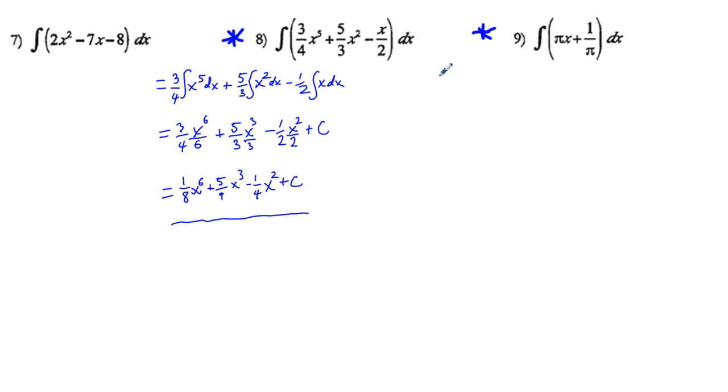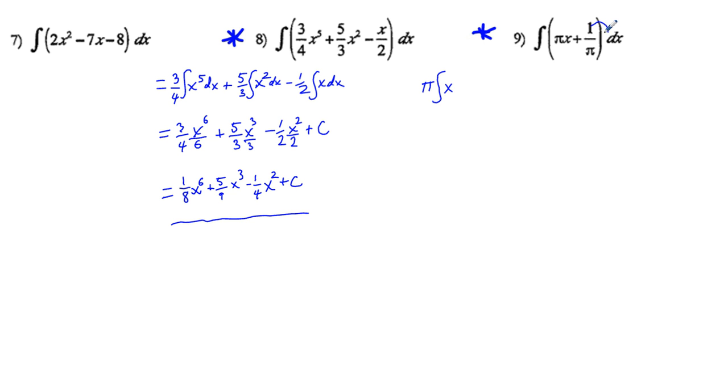Again, we have a similar type of problem to number 8, except that we have the constant pi. Well, understanding that pi is a constant enables us to split up this integral by taking pi on the outside, and we have x remaining.